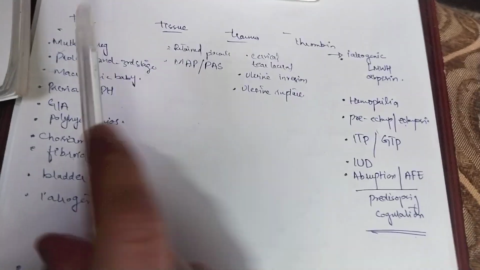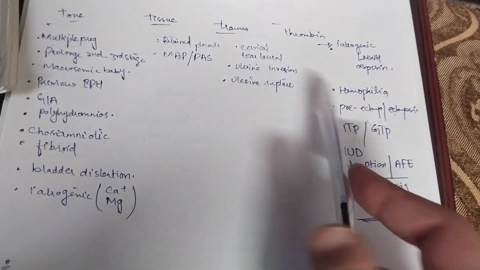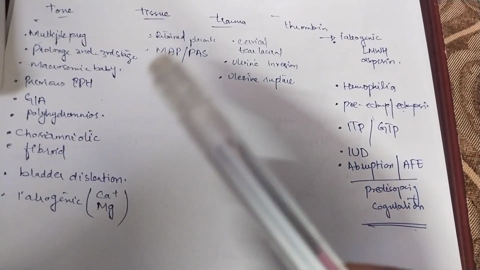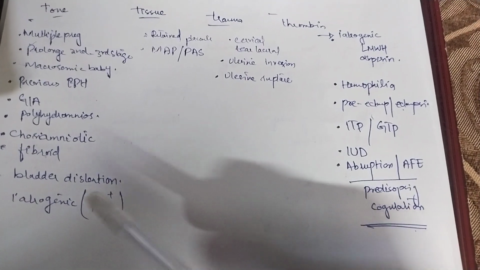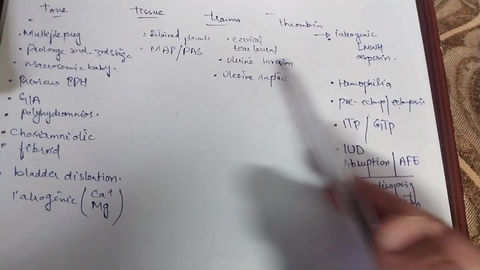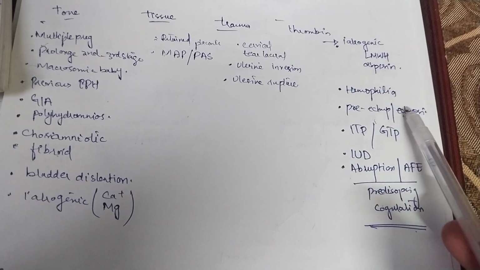Now, if we know about all these risk factors of tone, tissue, trauma, and thrombin, we can predict that PPH is going to happen and what measures we can take to prevent this PPH.